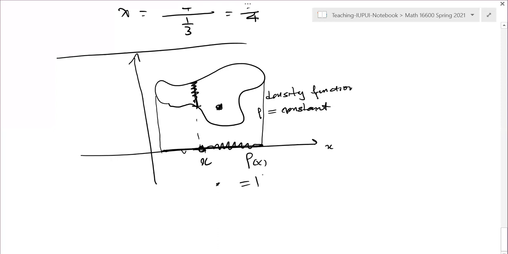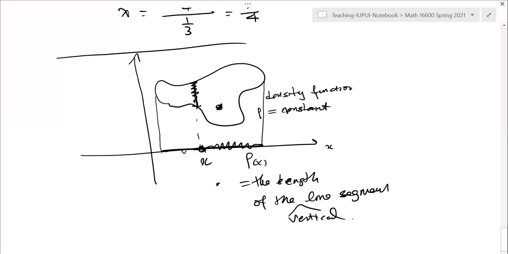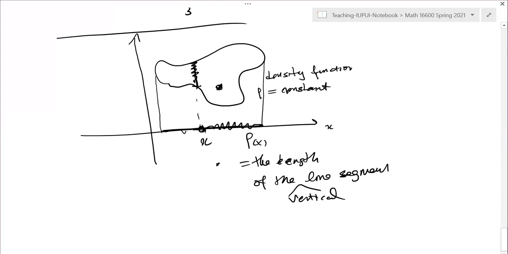Yeah, it equals the length of the vertical line segment in the region. Then you can find the center on the x-axis.